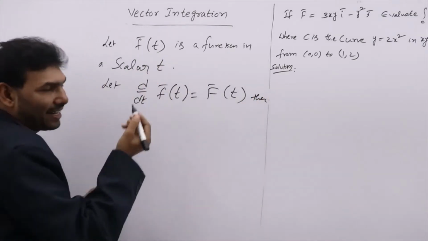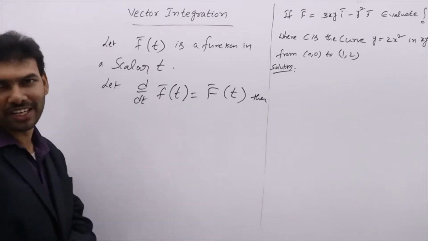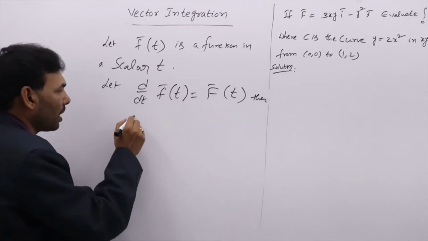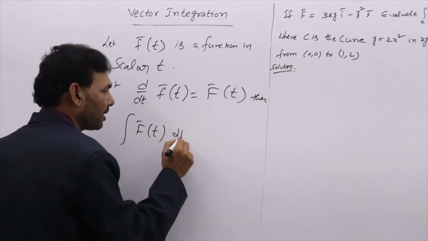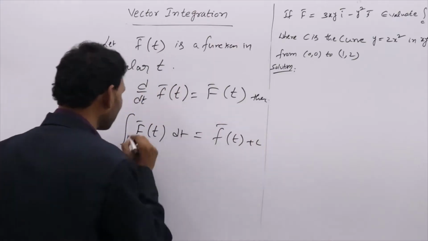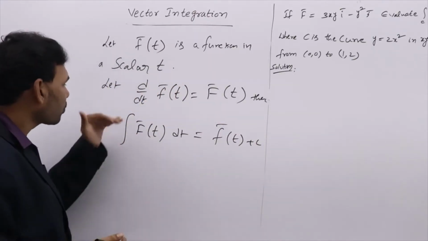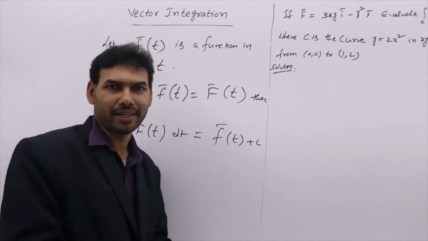If you integrate, since differentiation is the antiderivative, integration and differentiation get cancelled. What you will have is integral capital F bar of t dt is f bar of small t plus c, which is an indefinite integration, which doesn't have limits. In an indefinite integration, a constant will be added.